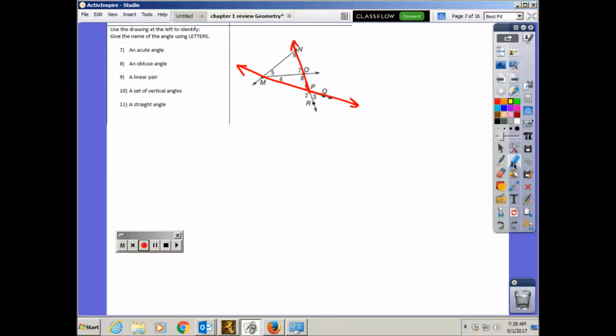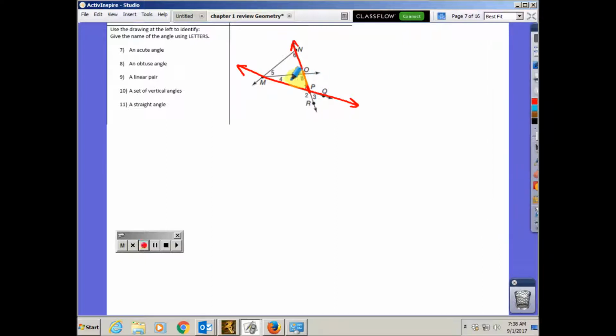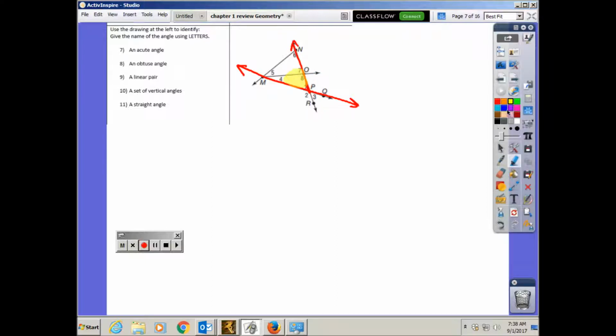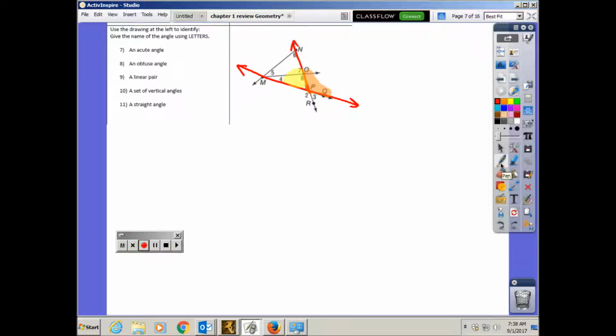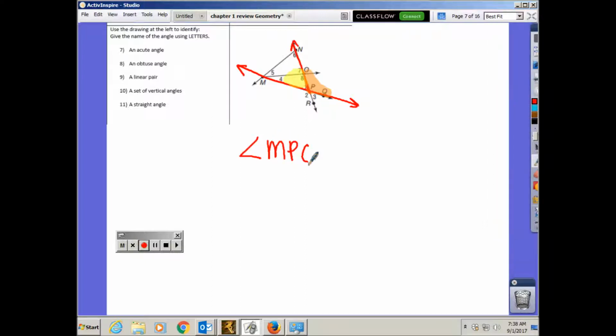So if you need me to highlight for you again, this is one of the angles, this is the other. Okay, so I'm going to call this angle MPO, although I could have called it MPN, and angle QPO. So that's for my linear pair.